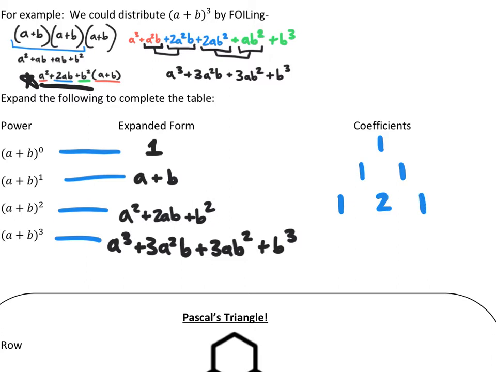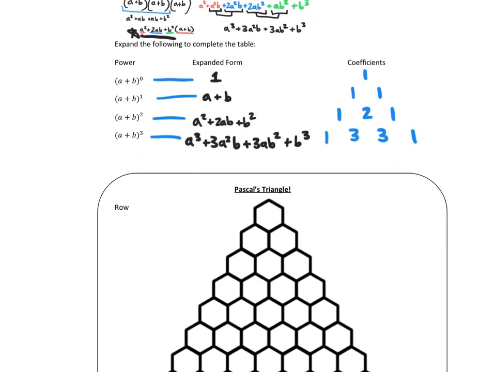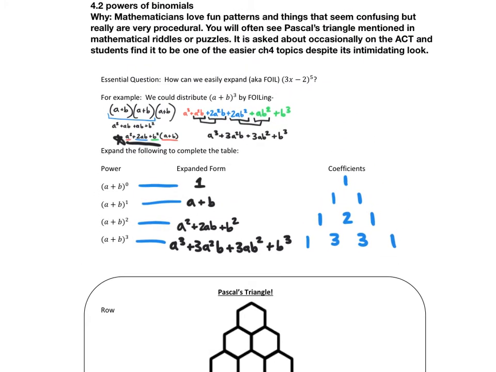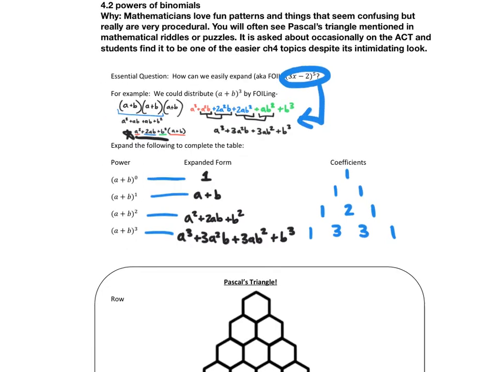That a plus b to the third power was 1a cubed, 3a squared b, 3ab squared, and then 1b cubed. So these coefficients are going to be the beginning of what's called Pascal's triangle, and it follows a very simple pattern that will allow us to take down situations such as this in a much faster way than multiplying it out by hand.